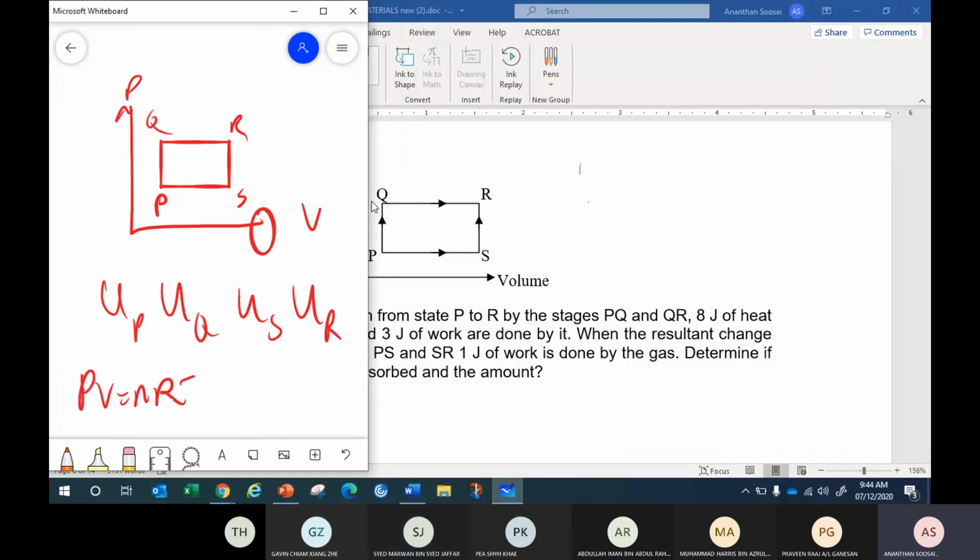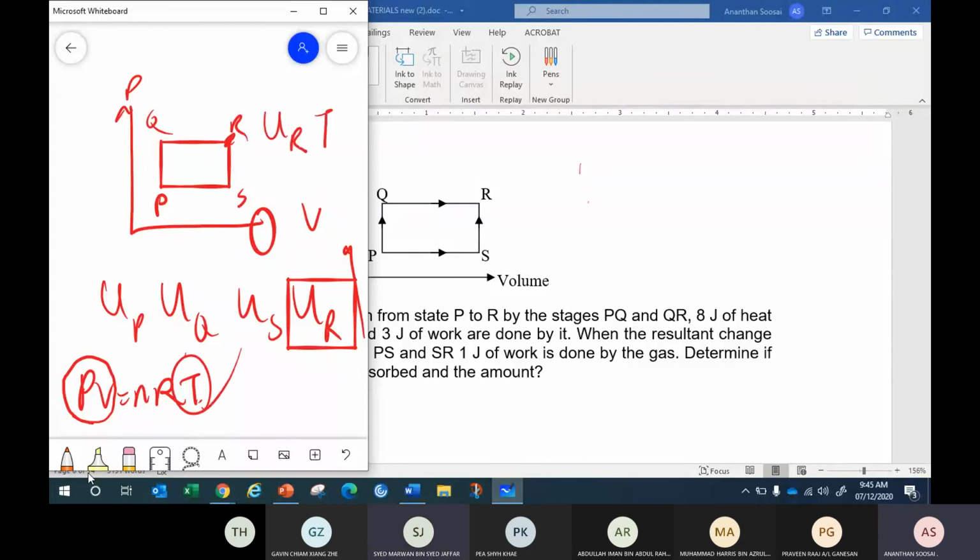PV equals nRT. Which has the greatest product of PV? R. So R has the greatest internal energy among the other three points, for sure. Why? Because the temperature is the highest among the other states.